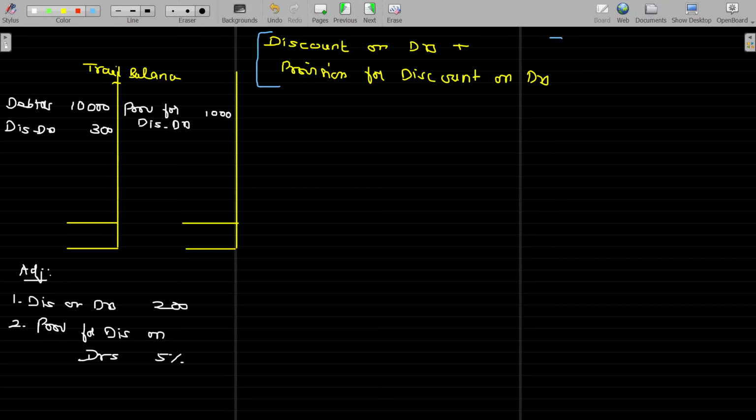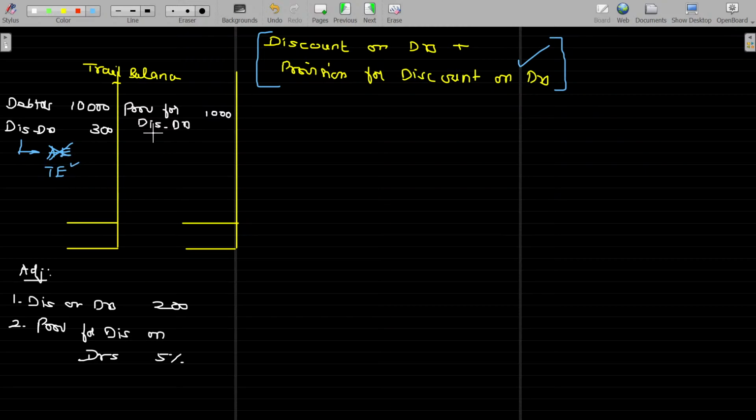For discount on debtors with the provision for discount on debtors also, let me decode the terms here. Discount on debtors given in the trial balance, for that the adjustment entry is already over. Then we have to pass only the transfer entry.